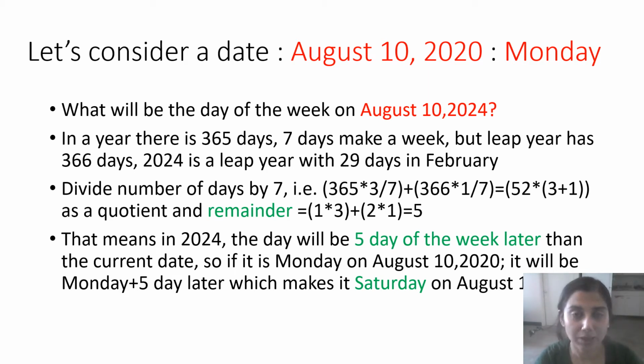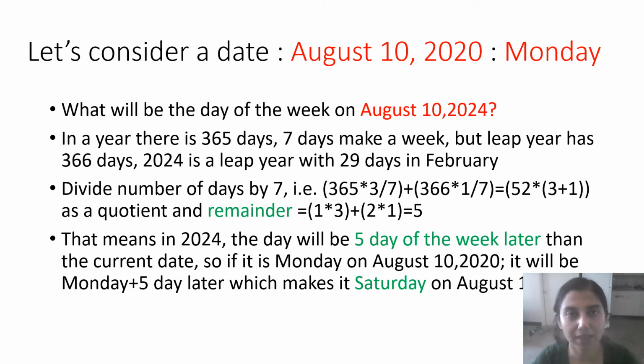Now, as I had told in the previous slide of how we consider the date for a 1 year period, it would be 1 day from your initial date if the number of days is 365 days. Similarly here, since you have a total remainder of 5, it would be 5 days from the weekday that you are considering.